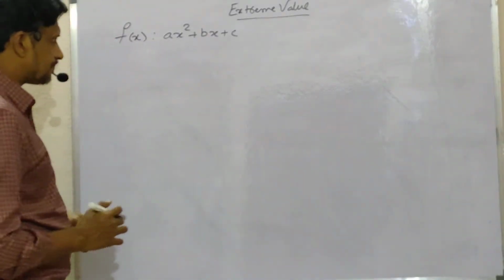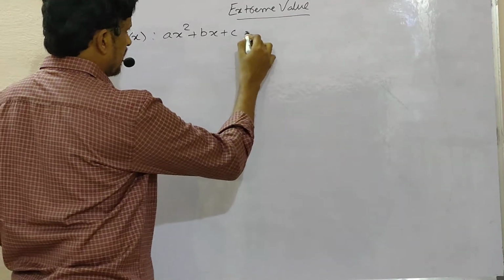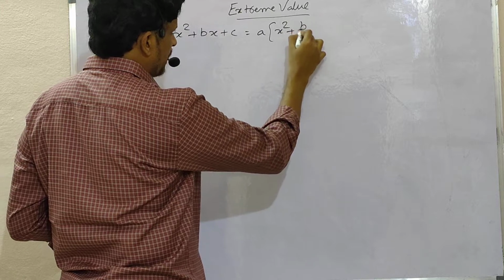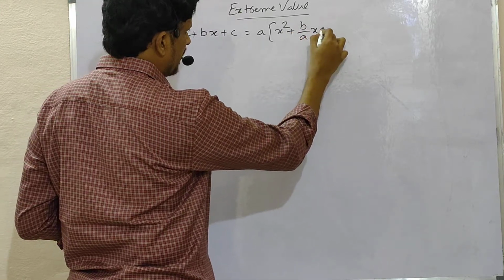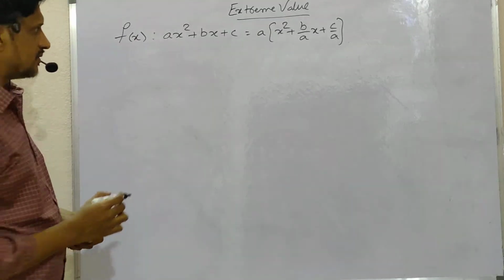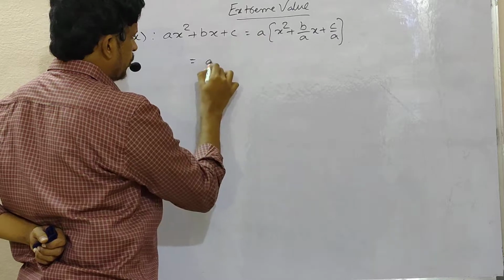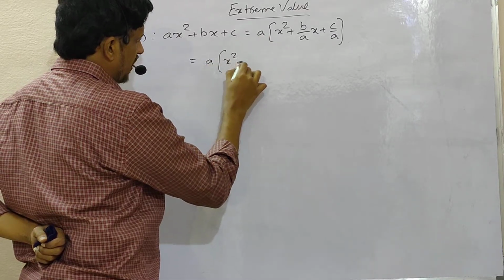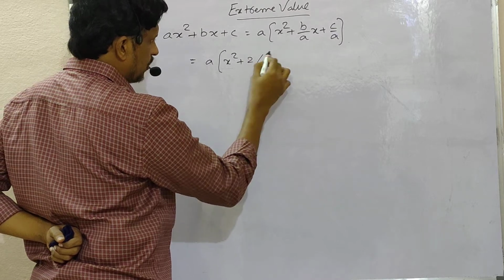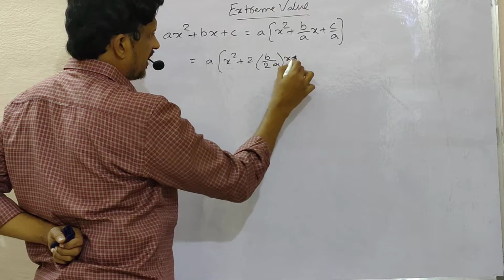So here, observe the simplification. By taking a common, you can write x square plus b by a x plus c by a, that is f of x. Which is equal to a into x square plus b by a x. Just multiply with 2 and divide with 2, you get it like this.